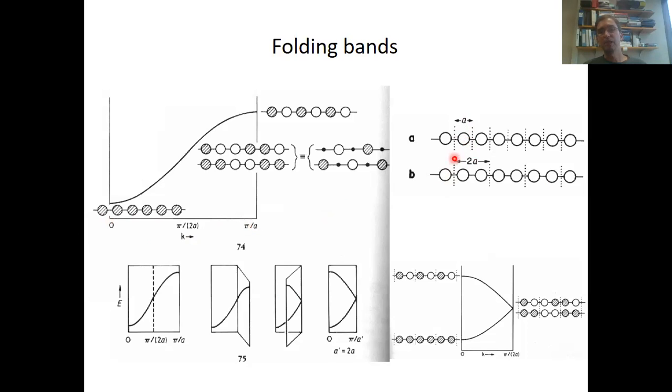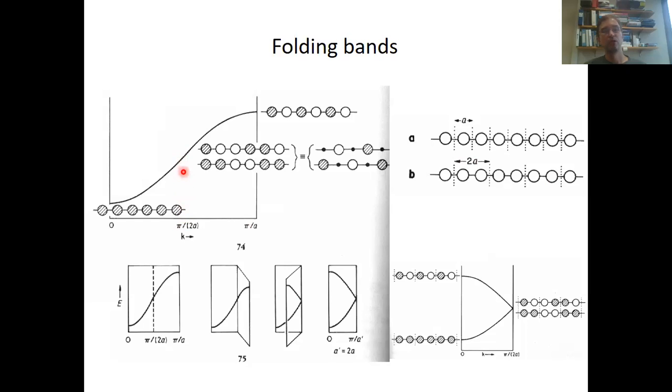But if we double the unit cell parameter in real space, we cut the k space in half, because k space is the reciprocal space. In other words, our k vector could now run only from 0 to pi over 2a. So in the unfolded band, which we discussed thus far, that would be halfway through the band.